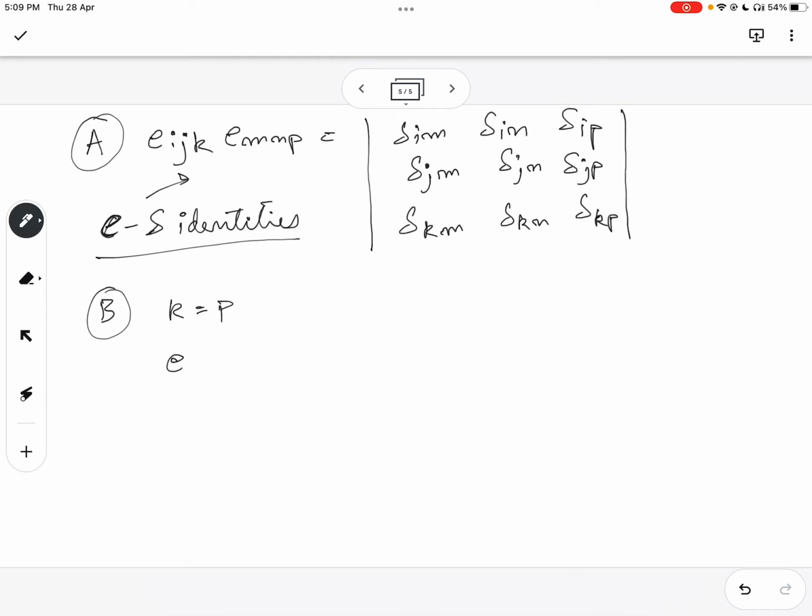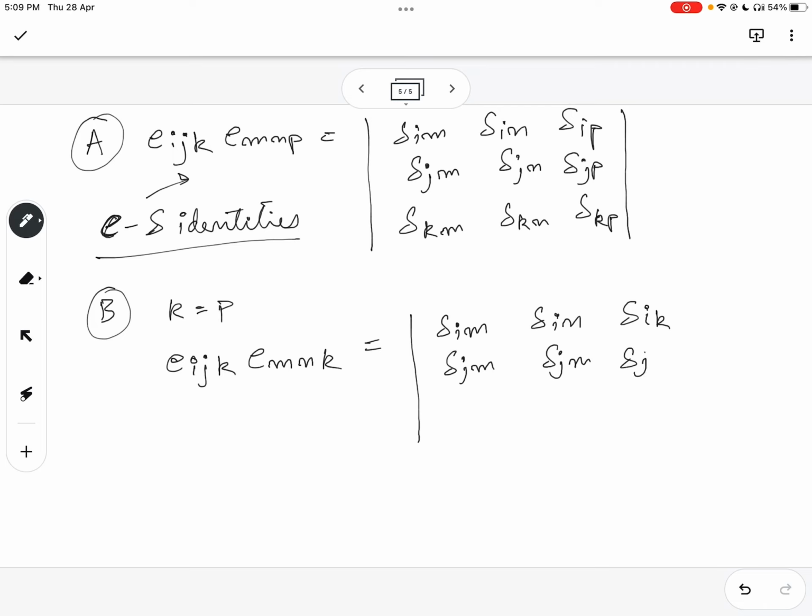Then this would be Eijk Emnk. What does this mean? Delta im, delta in, delta ik, delta jm, delta jn, delta jk, delta km, delta kn, delta kk.